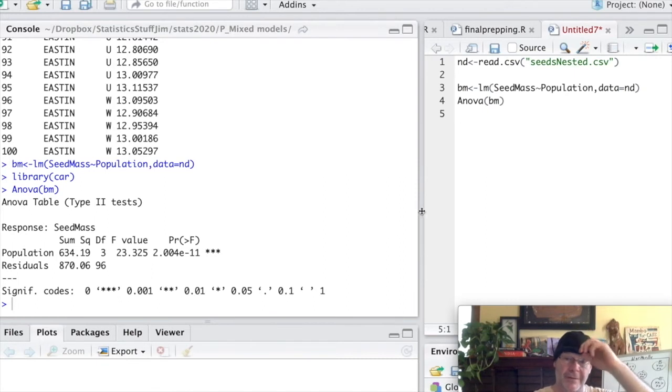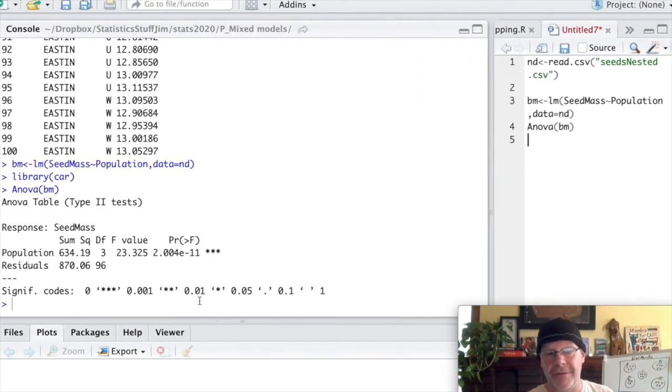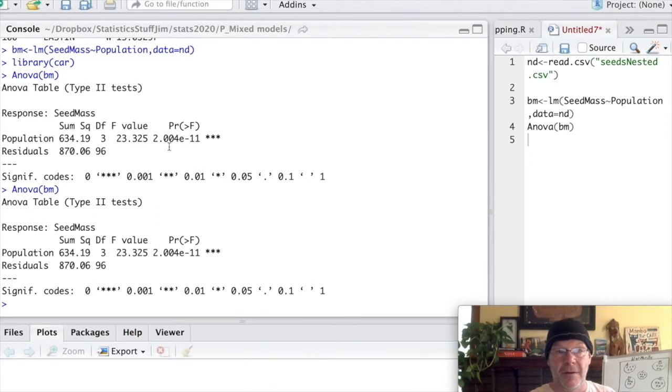Ooh, it's significant. And again, this is often how people get themselves into trouble without paying attention to the nesting structure, because we know that there's only 5 observations in Northville, 5 observations in Midville, 5 observations in Weston, and 5 observations in Easton, which means at most we have 20 independent pieces of information. So we would start out with 20 degrees of freedom, and as soon as we estimate the mean, now we have 19 degrees of freedom, and so on and so forth.